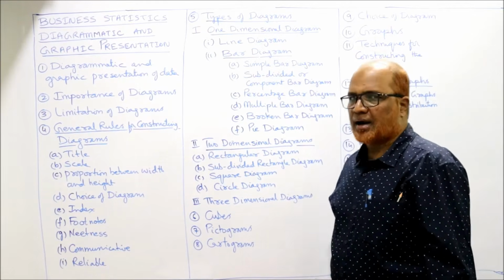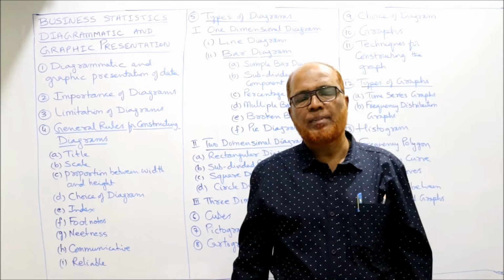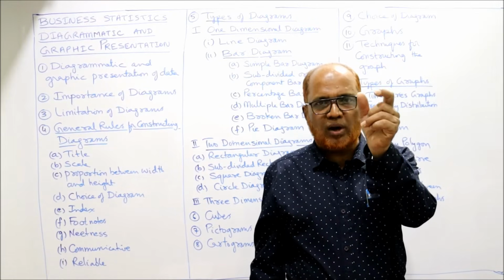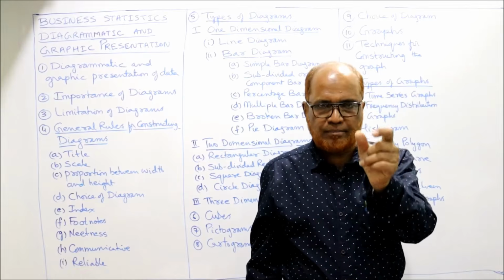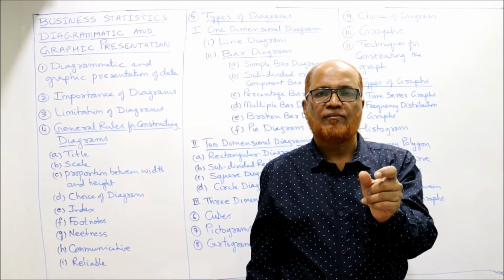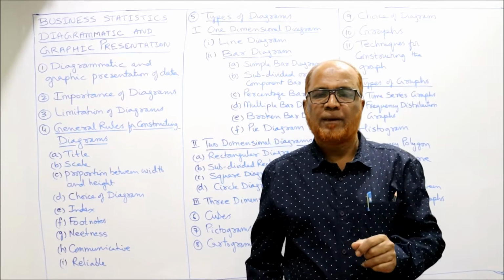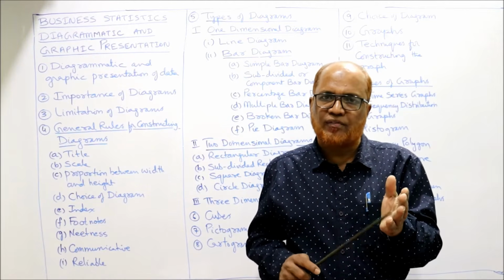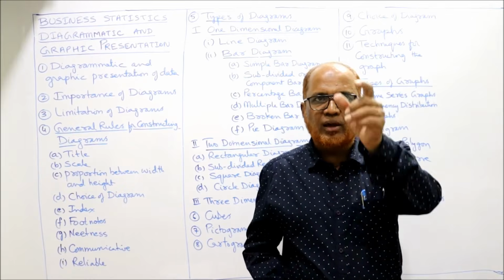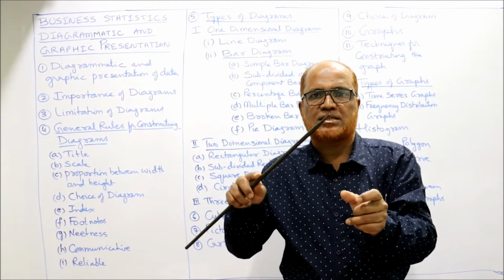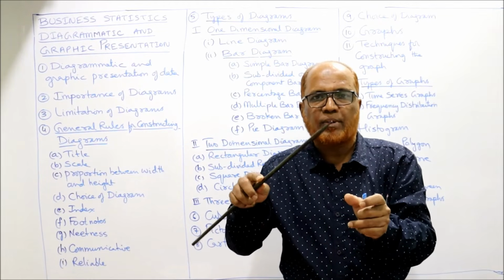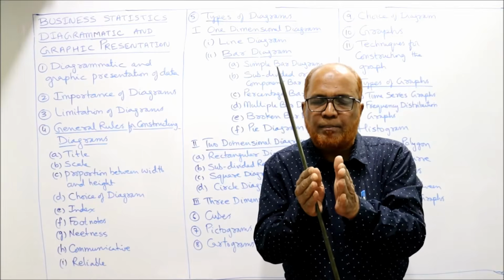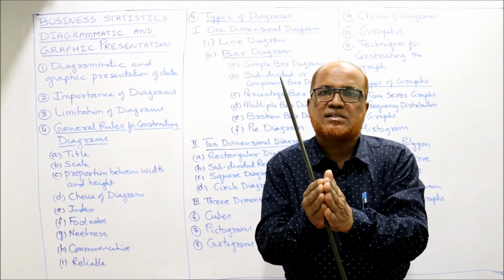Now multiple bar diagrams. Multiple bar diagram means instead of drawing one vertical bar, we will draw a number of bars. For example, for 1 year we are given the sales, gross profit, net profit. So instead of drawing only one bar and breaking it up, it is better to make 3 bars side by side.